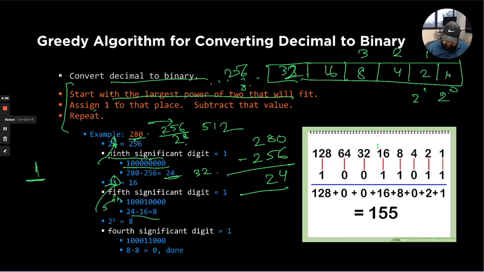Next we deduct 16 from 24 to get 8. We know that 2 to the power 3 is 8, so since this is the 3rd index, we do index plus 1, and that would also store 1. Other than that, all the digits would be 0.